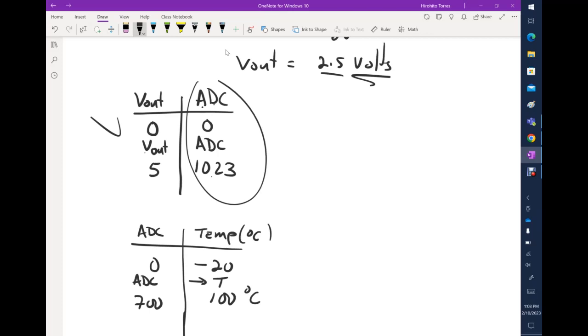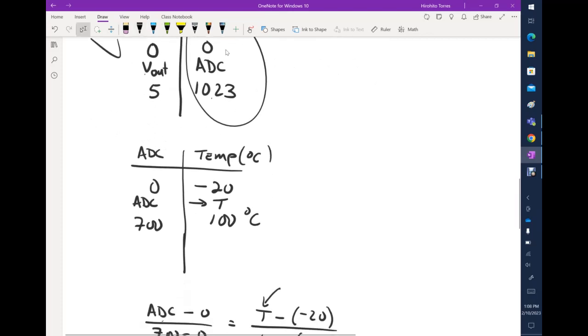The idea is to recover the calibration, where you only care about the ADC value versus the actual temperature being read by the sensor. For example, if I see a 0 ADC and the temperature is minus 20, that's perfect. That's the temperature it is reading at 0. When I see 0 on the Arduino, it means minus 20. And when I see 700, I see 100 on the other side.